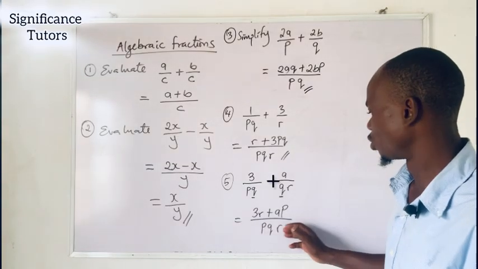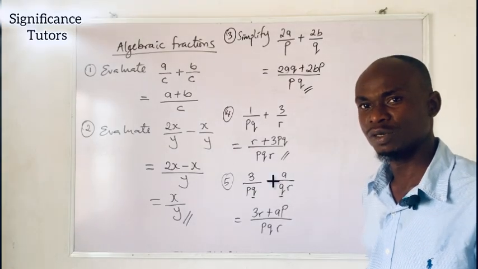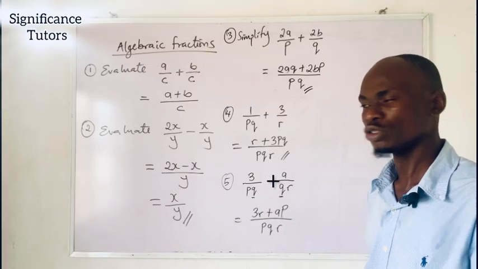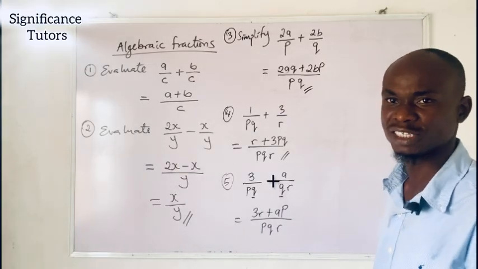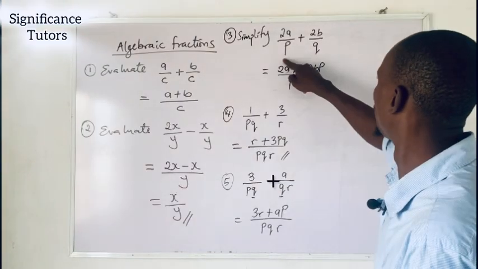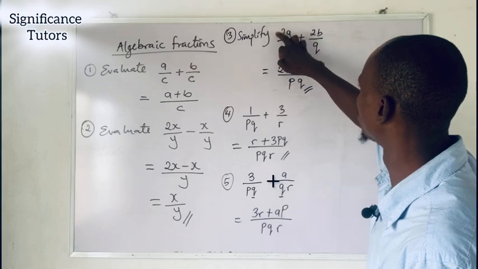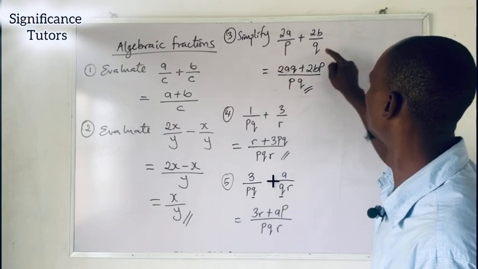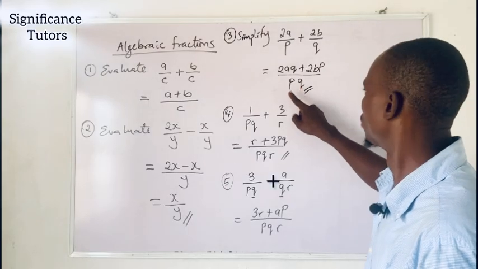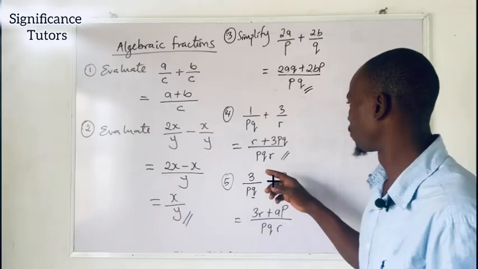Okay? If you follow the normal procedure for LCM and you understand it very well, that's exactly what we are doing. Take the LCM, use the denominator to divide, and whatever you get multiplies the numerator. That's the norm. Let's check. pq is the LCM. p divide pq, you have q. q times 2a, 2aq. q divide pq is p, because q will cancel q. p times 2b, 2bp. Let me apply it.